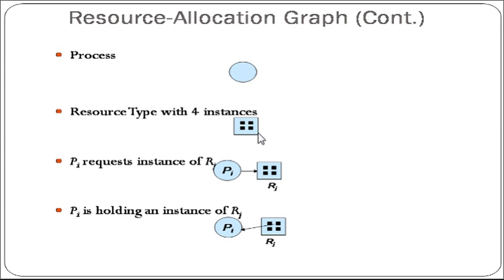In this example, there are 4 instances of resource type R. Now there is a request edge from process P to resource R. But whenever there is an assignment edge, it is directed from a particular instance to the process. In the case of a request edge, the edge goes from P0 to the outer rectangle, that is, to the whole resource. That means it is requesting any of the instances.